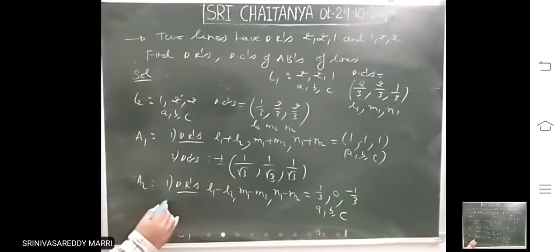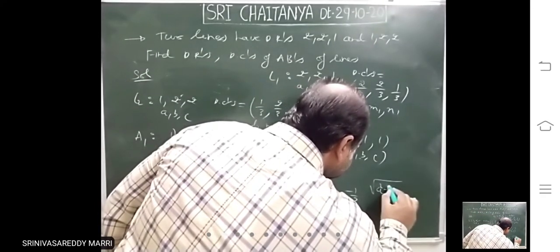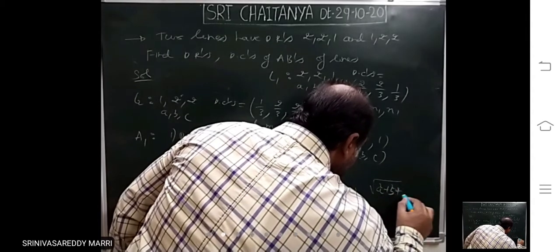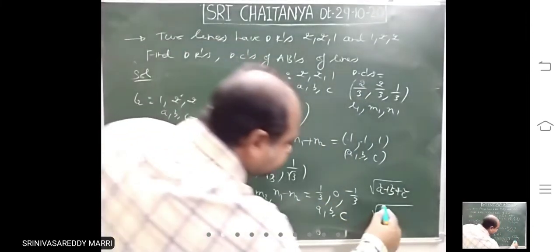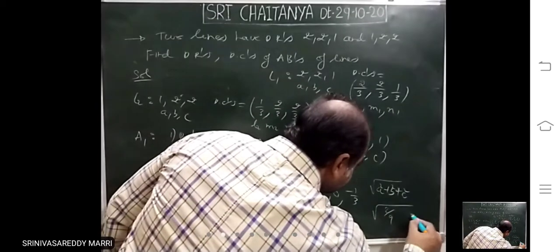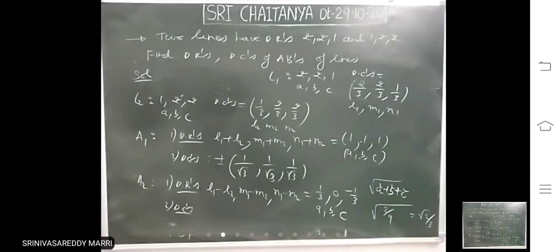Now second, DCs. DCs means what? First calculate root of A square plus B square plus C square. Root of 1 by 9 plus 1 by 9. That means root of 2 by 3. DCs means what?